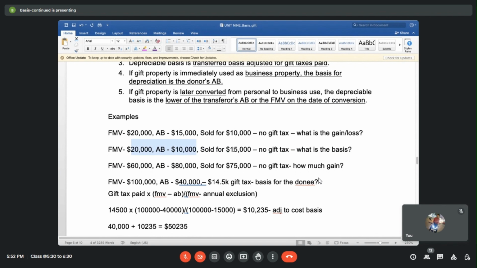Since the FMV is higher, the lesser of the FMV and AB should be taken. So we will take 10K and it is sold for 15. Therefore, it's a gain of 5K. Correct. The donee assumes the lesser of the FMV or the donor's basis. So here the donee will go with 10,000 and is selling it for 15,000, so it's a gain of 5,000.